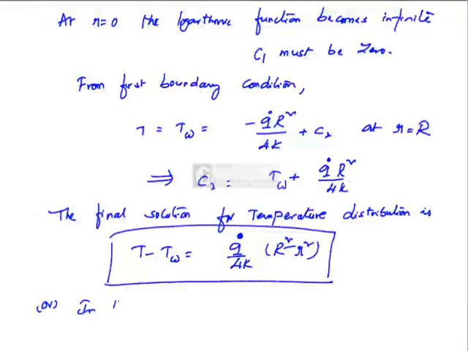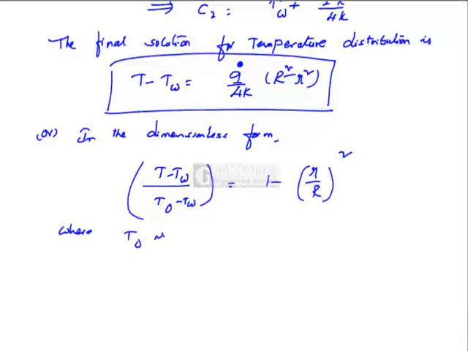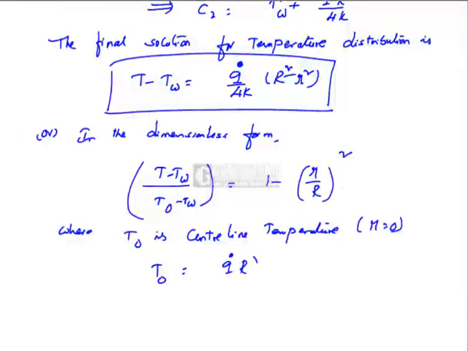Or in the dimensionless form, (T minus TW) divided by (T0 minus TW) is equal to 1 minus (r by R) whole square, where T0 is the centerline temperature, that is at r is equal to 0, which is given by T0 is equal to q dot R² by 4k plus TW. This is the maximum temperature, we can say.